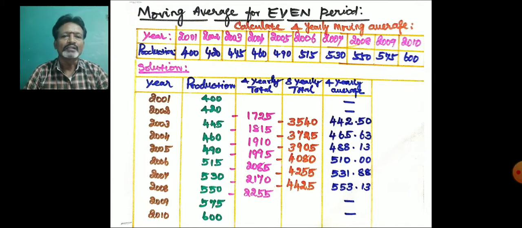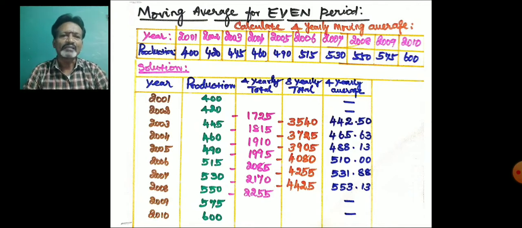Now you take the next 4 years, that is 2002, 3, 4, 5, and the total is equal to 1815. Now the middle year is between 2003 and 4. You can write the value. In this manner you have to estimate the 4 yearly total values, and the total value should be written between the middle values.